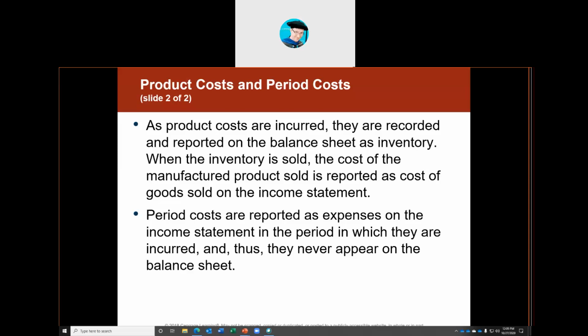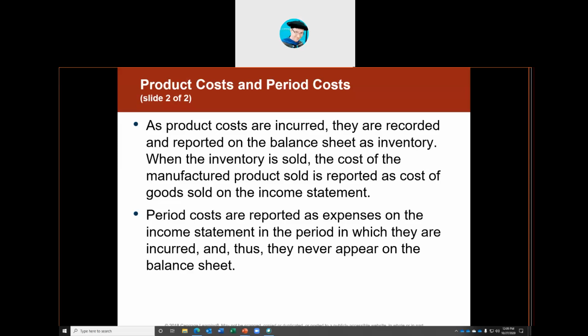That's work in process inventory. And then last but not least, you have your finished goods inventory. Finished goods inventory means they've been assembled, they're ready and available for sale. That is finished goods inventory.